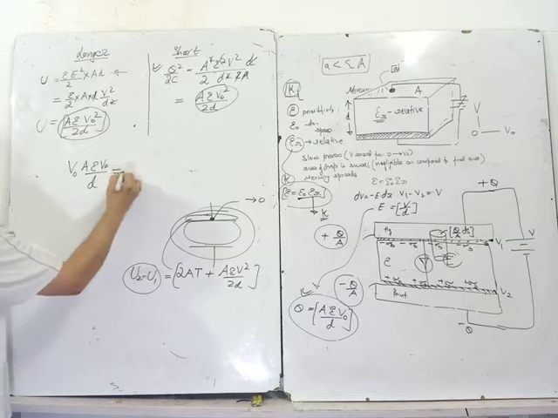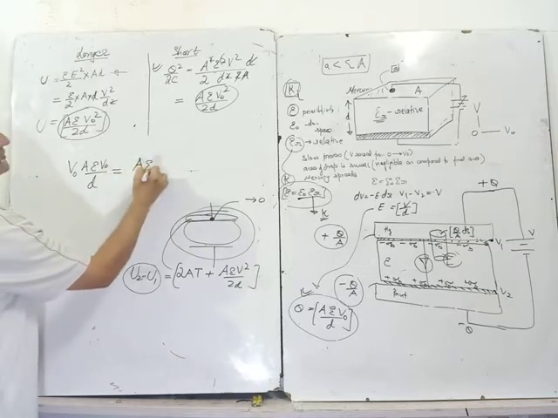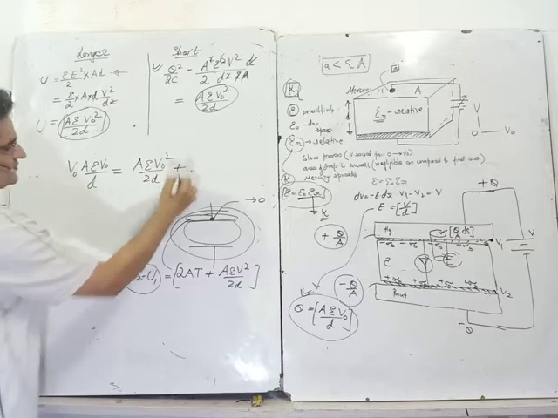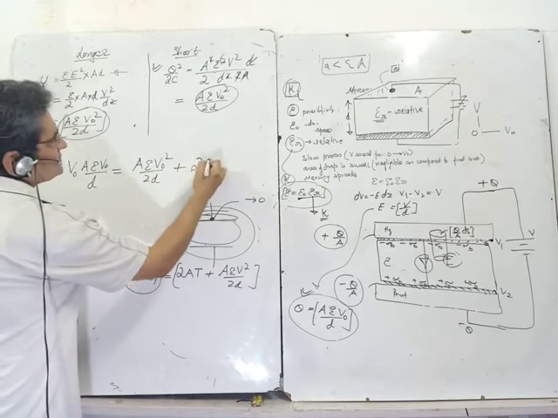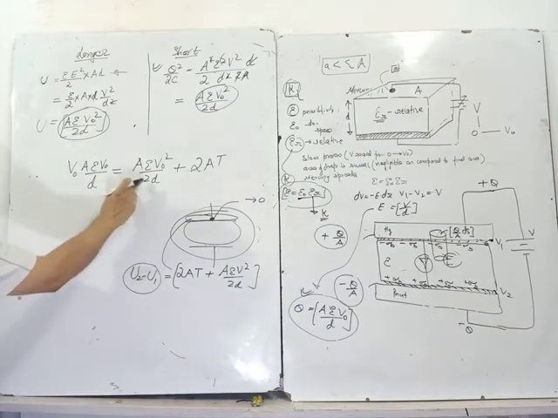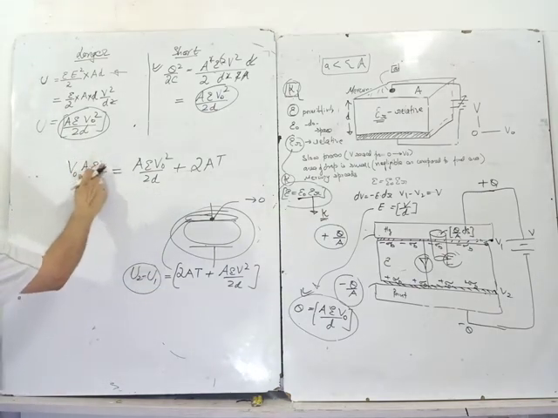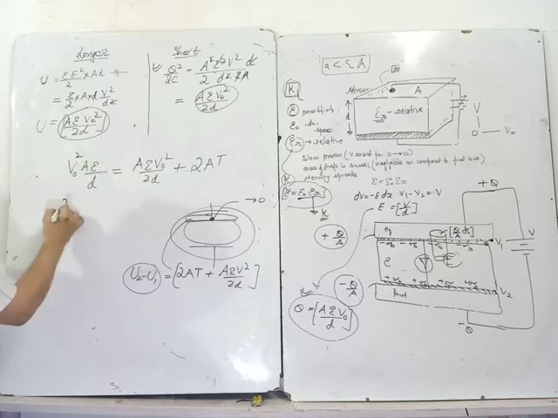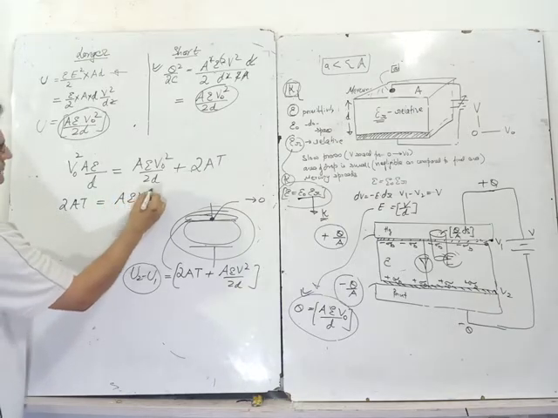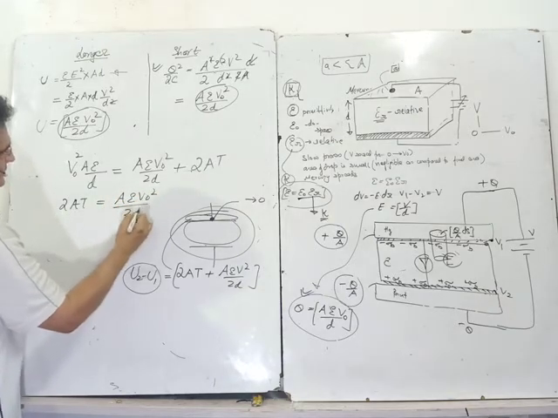This energy goes as the energy in the capacitor and the surface energy in the drops. So this is nothing but V0 squared. So I get twice AT plus A epsilon V0 squared upon twice d.